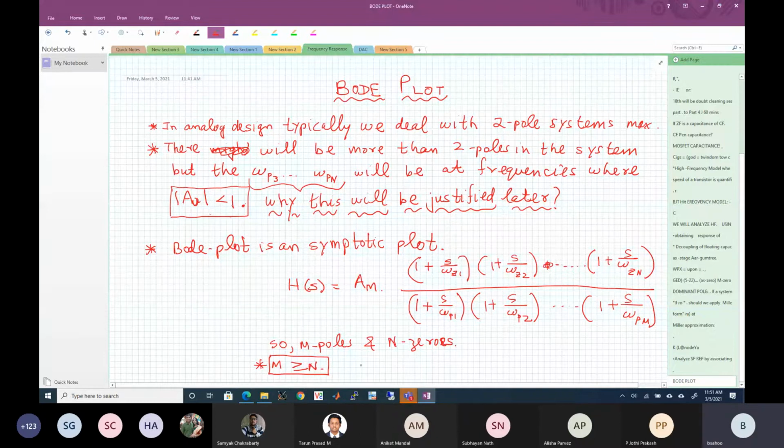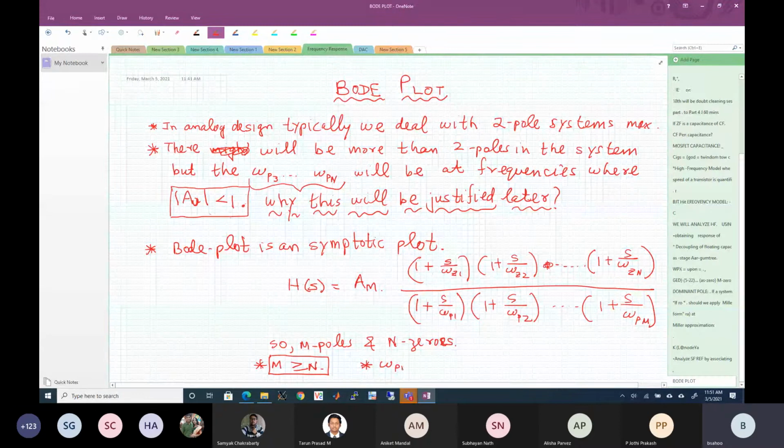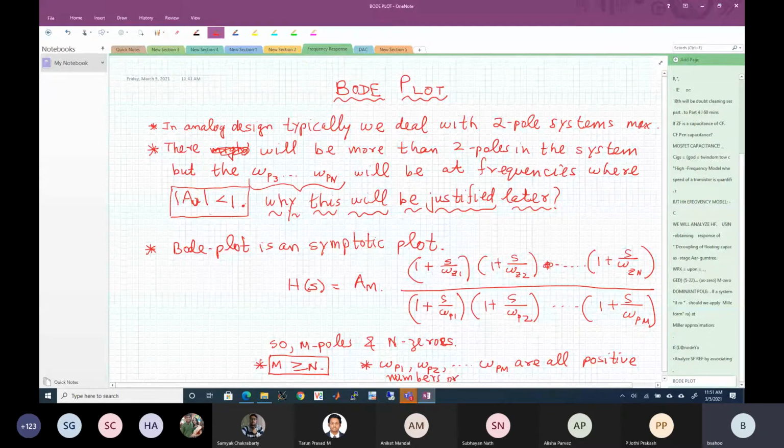Now another note is that omega p1, omega p2, omega pm are all positive numbers if real poles, or have positive real part.